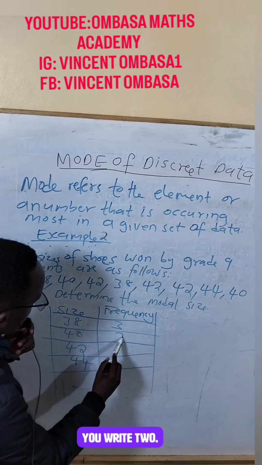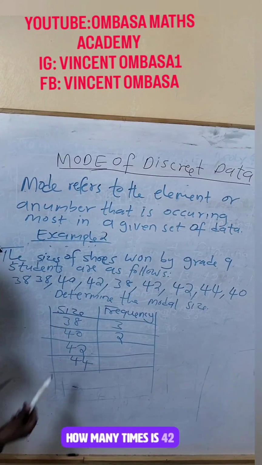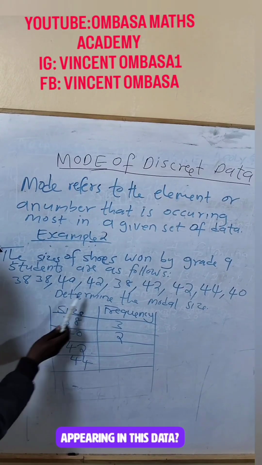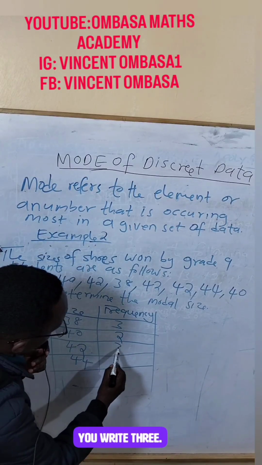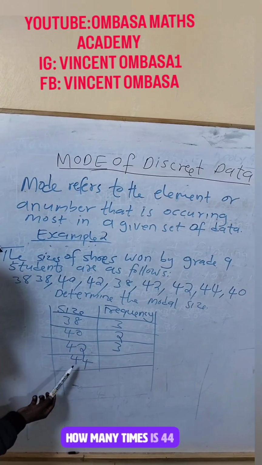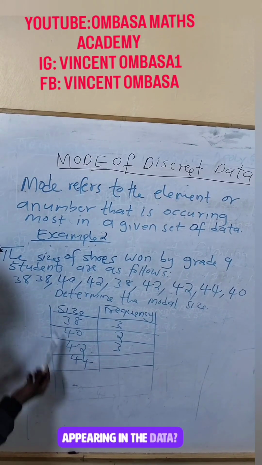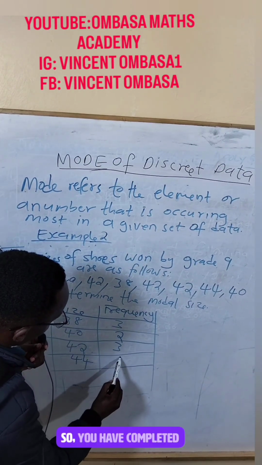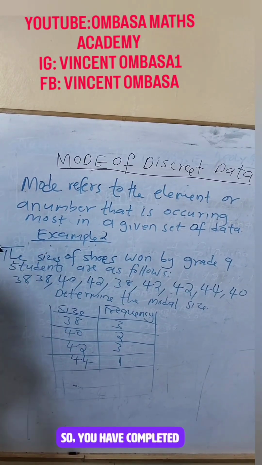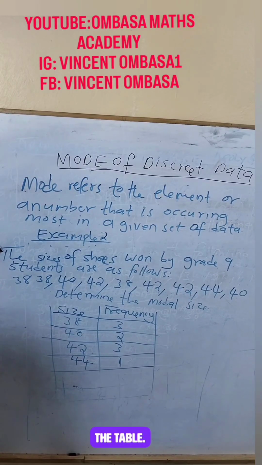You write 2. How many times is 42 appearing in this data? 1, 2, 3. Write 3. How many times is 44 appearing in the data? It's only once. So you have completed the table.